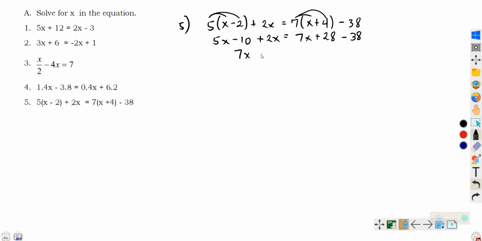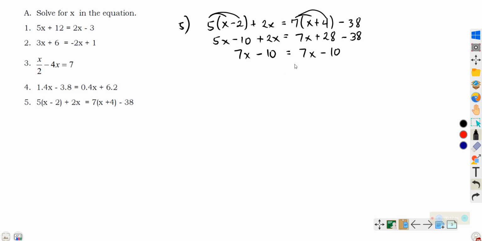And then, minus 10. Kopyahin na lang natin. And then, 7x na lang to. 28 minus 38 is negative 10 as well. Okay?